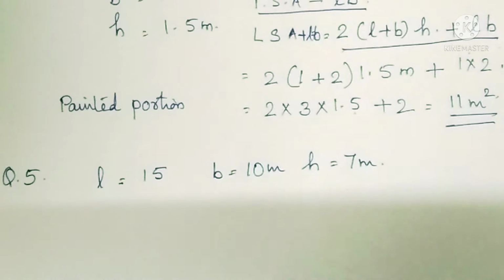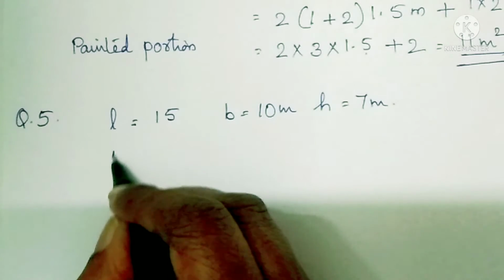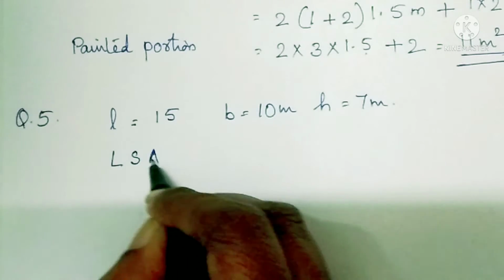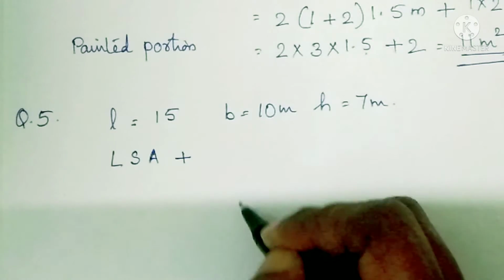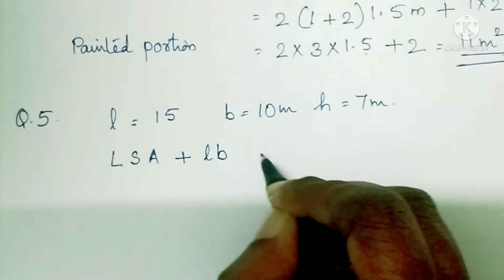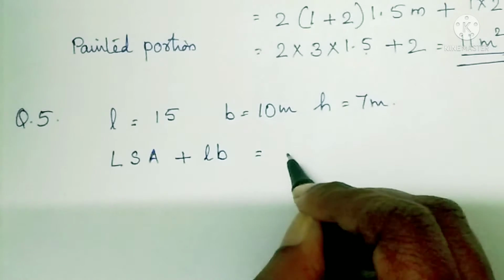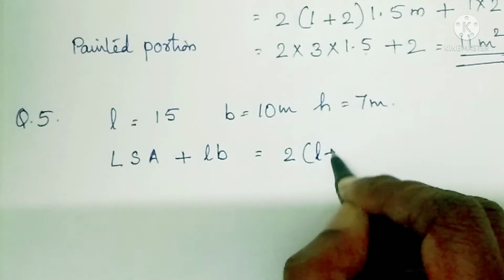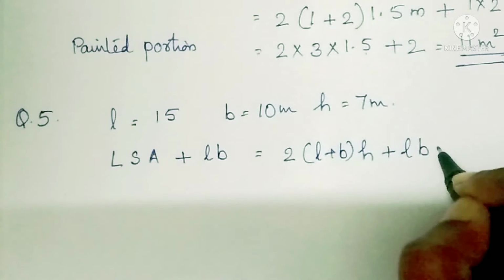Here again the 4 walls and the roof are painted. So the area of the 4 walls, or you can find out lateral surface area, plus the roof, which is equal to the bottom, that is L into B. What is LSA? 2 into (L plus B) into H, plus LB.